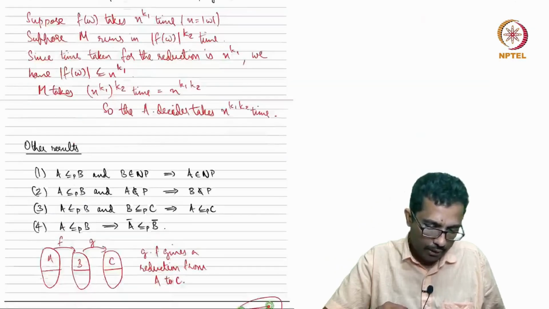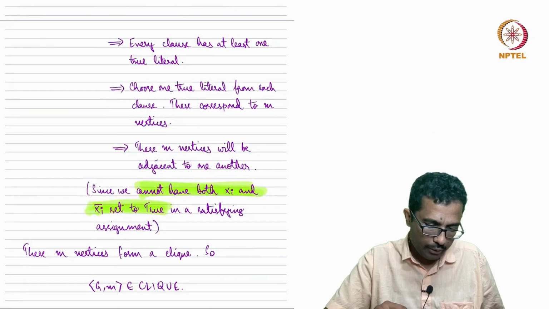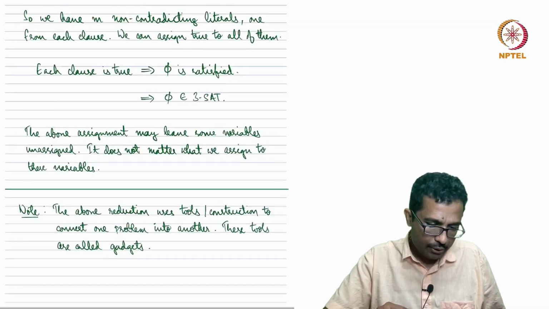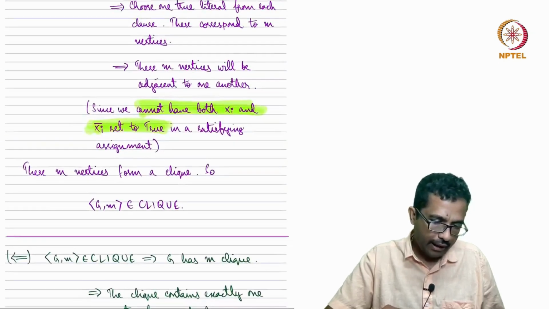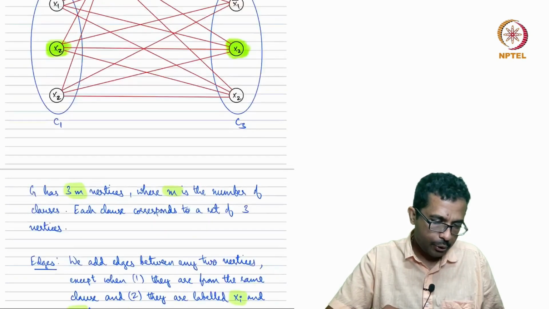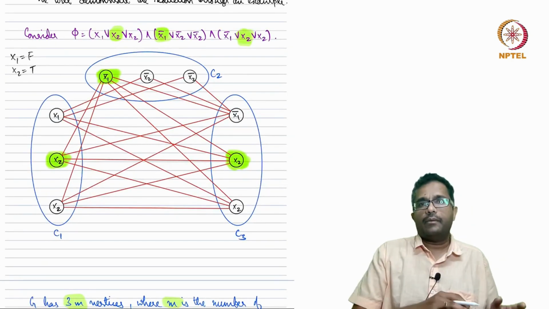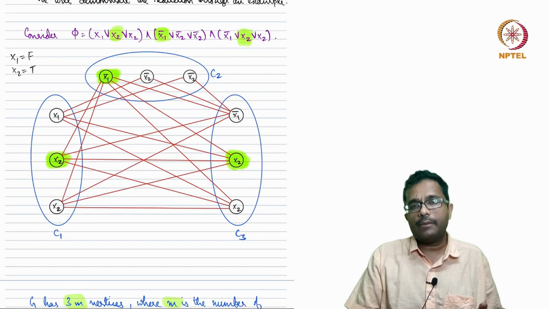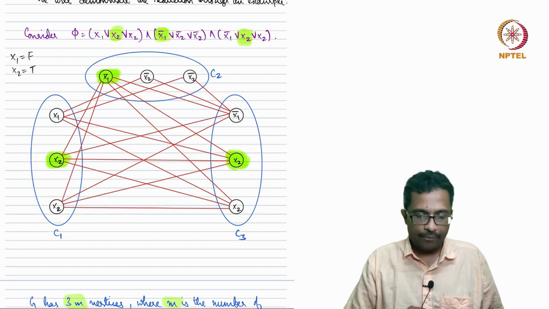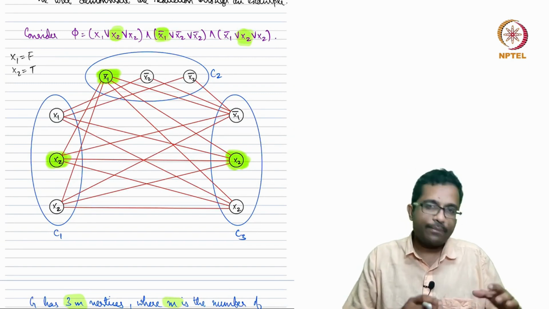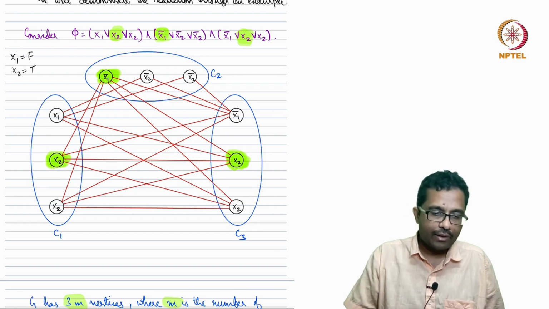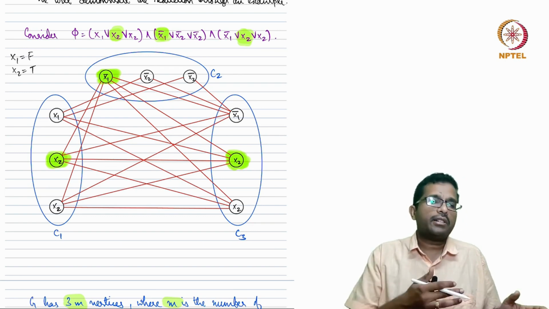I just want to make one small remark before concluding. The construction that we had for showing that satisfiability reduces to clique has a certain pattern or structure to it, right?